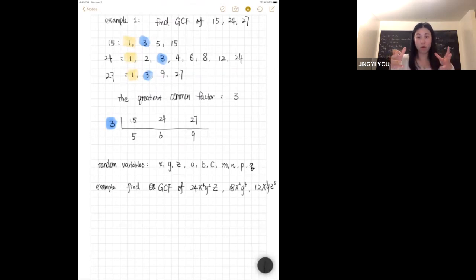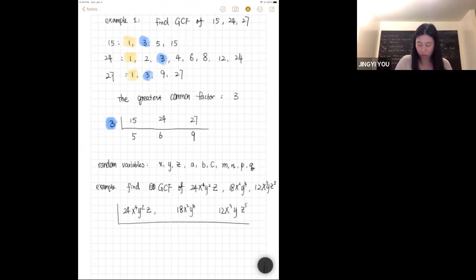The first step is to write down these 3 terms: 24x to the 4th y squared z, and then the second is 18x squared y to the 4th power, and then I have 12x cubed y times z to the 5th.